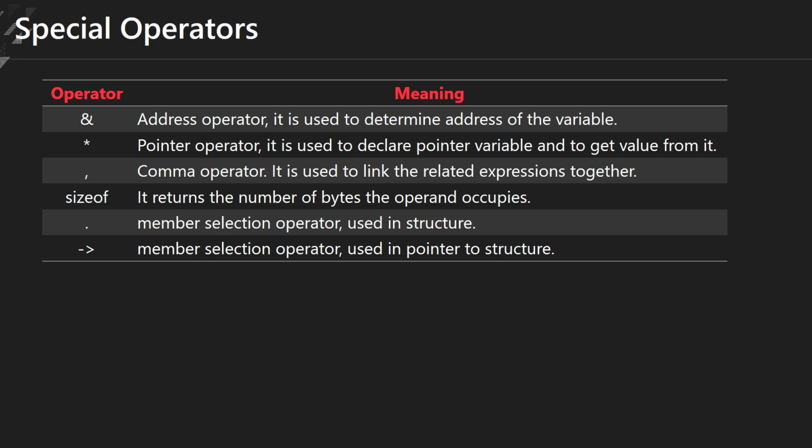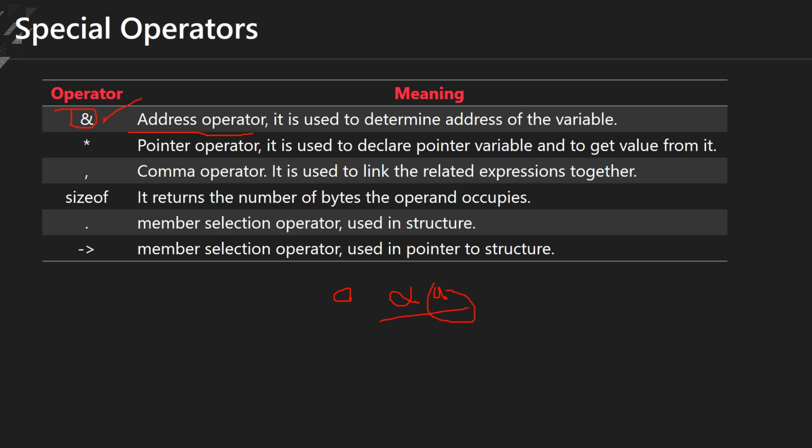You have seen some of these operators, but they can be used for more. The ampersand AND operator can be used as the address operator, to identify the address of a variable, for example &a gives the address of variable a.